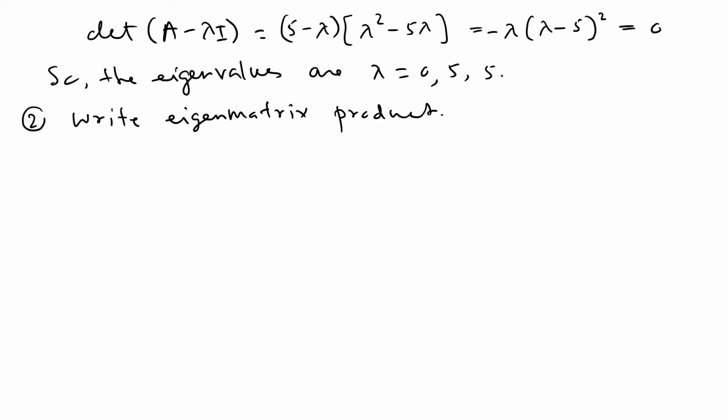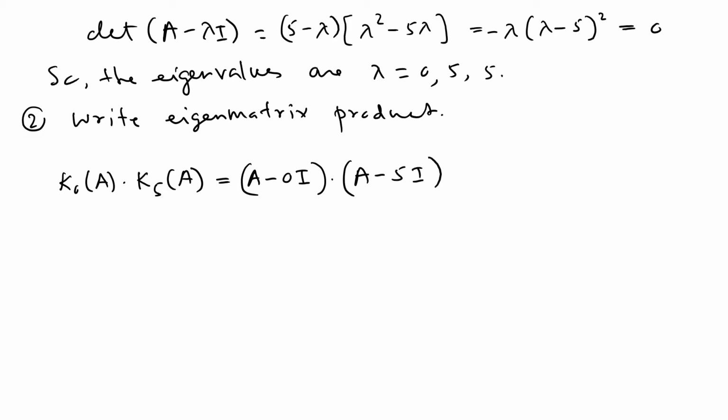Lambda is 0, so we can write kappa 0 times kappa 5. We only like the product for different eigenvalues. So by the definition, this means A minus 0 times I, that means simply A, times A minus 5 times I. Those are the kappa matrices.